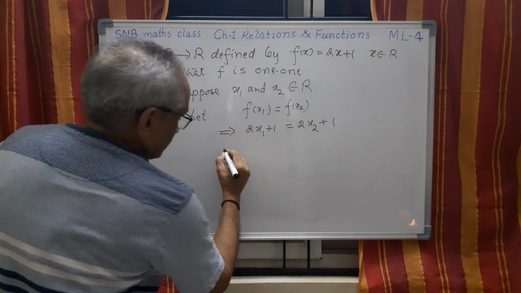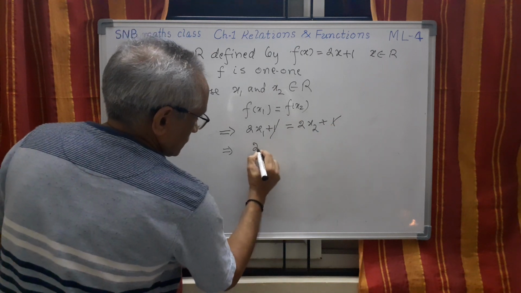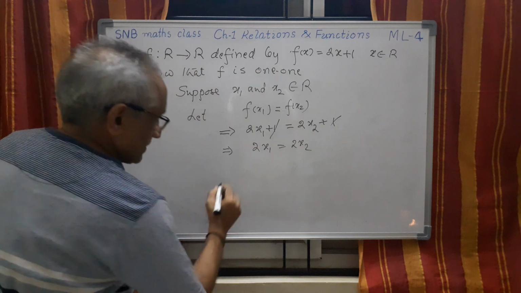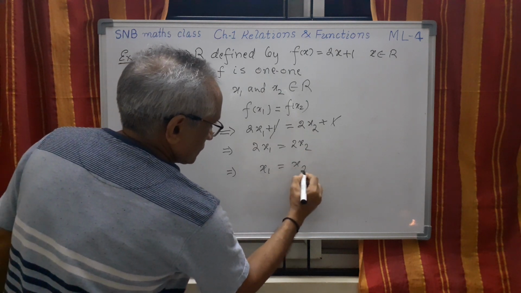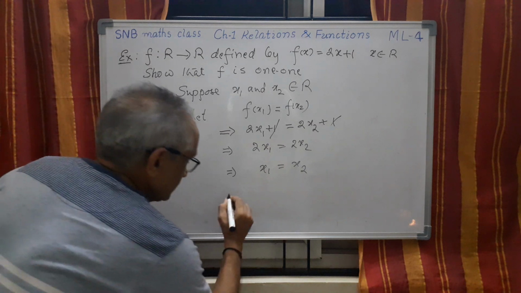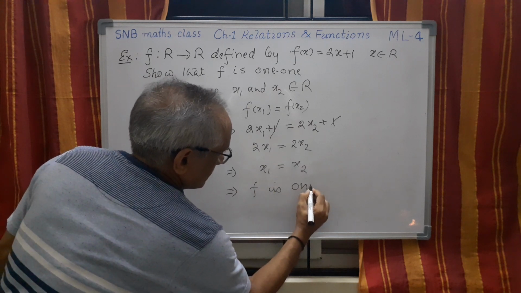When you cancel, 1 and 1 you can cancel, so 2x1 equal to 2x2. Therefore, this implies x1 equal to x2. So this is the definition of one-one. Therefore f is one-one.